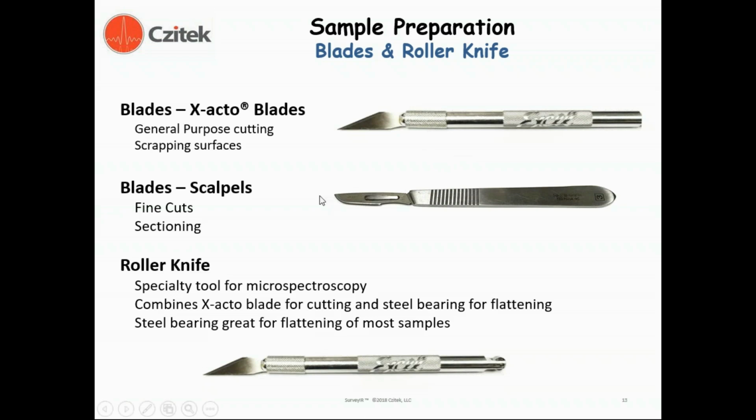A scalpel blade, or actually a double-edged razor blade, which you have to be very, very careful in using, is much sharper than an X-Acto blade and can be more useful with samples that require a very sharp blade, for instance, a soft rubber sample.